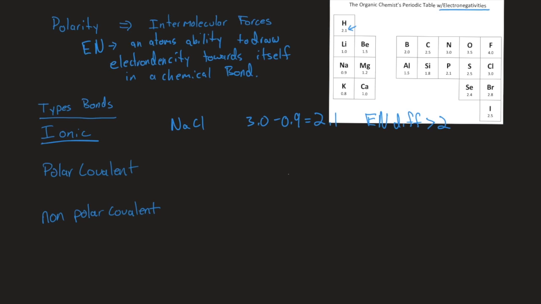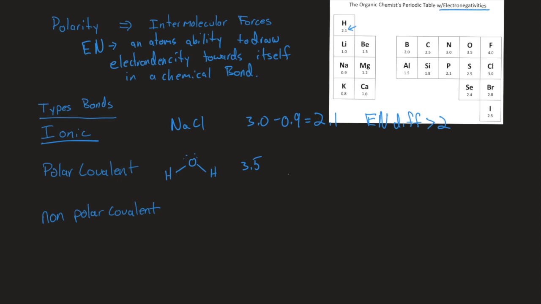Let's think about a couple of polar covalent bonds. One example I can think of is water, or H2O. We're just going to consider two atoms, the ones involved in the bond. Oxygen is the more electronegative of the two with an electronegativity value of 3.5.